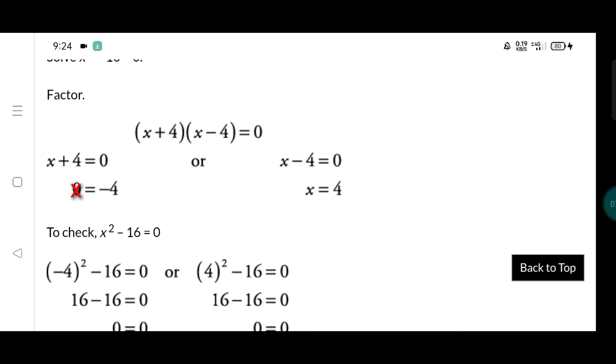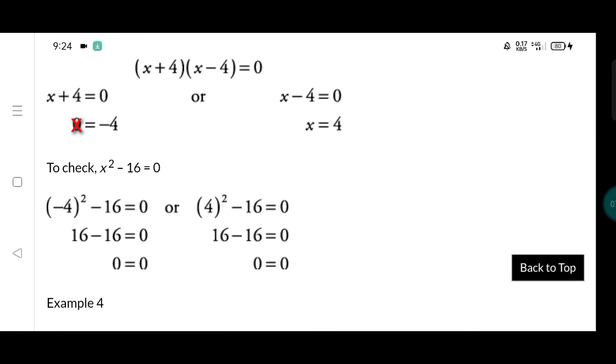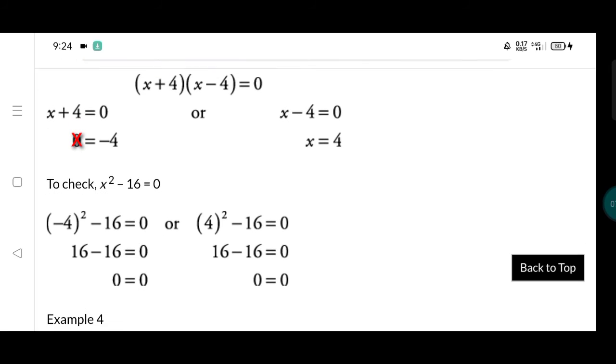To check, we substitute into the original equation, x squared minus 16 is equal to 0. For x equal to -4: -4 squared minus 16 is equal to 0. -4 squared is 16, minus 16 is 0.